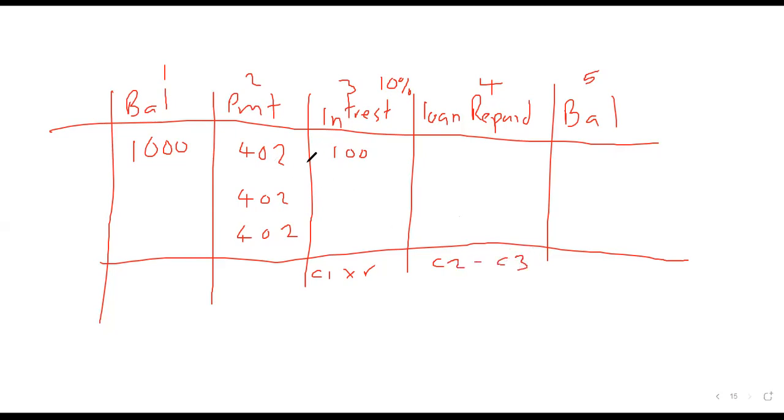What is 402 minus 100? 302. Then column 5 is column 1 minus column 4. So 1,000 minus 302 is 698. This will be the opening balance here, column 5 brought down.